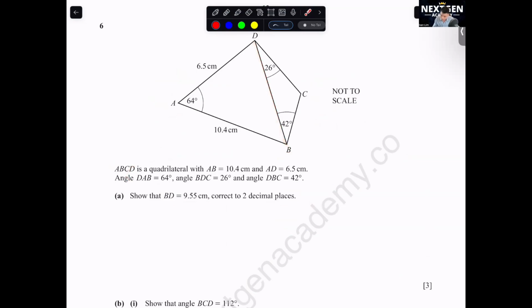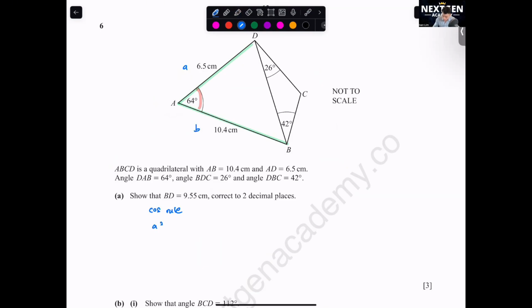This is BD. Okay, we can use cos rule. Cos rule, because we got this crocodile mouth. You got your mouth. You got the tongue. This one is A, B, and then your angle.